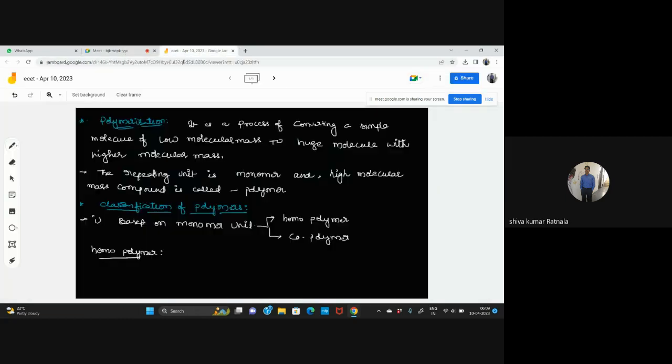Homopolymer means we are having, in which only one kind of monomer unit is present. Okay, type of monomer unit ఉండేది only one kind of monomer unit is present.